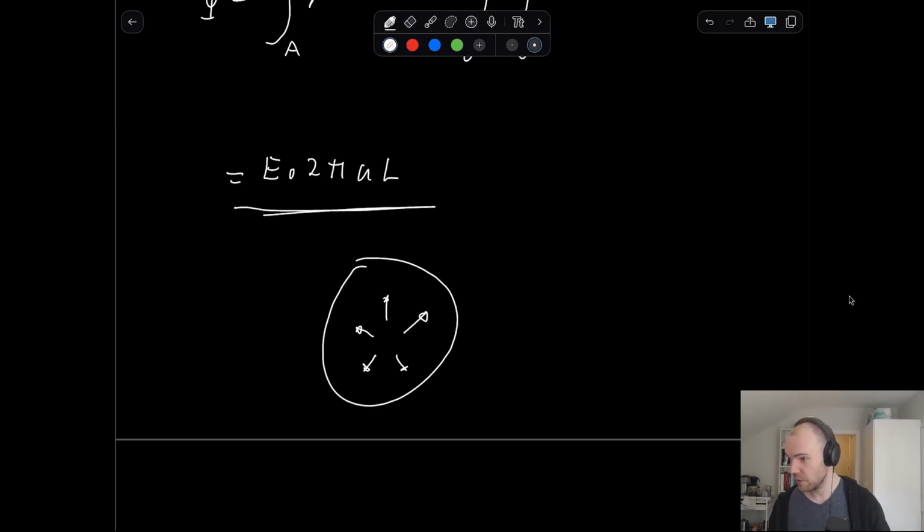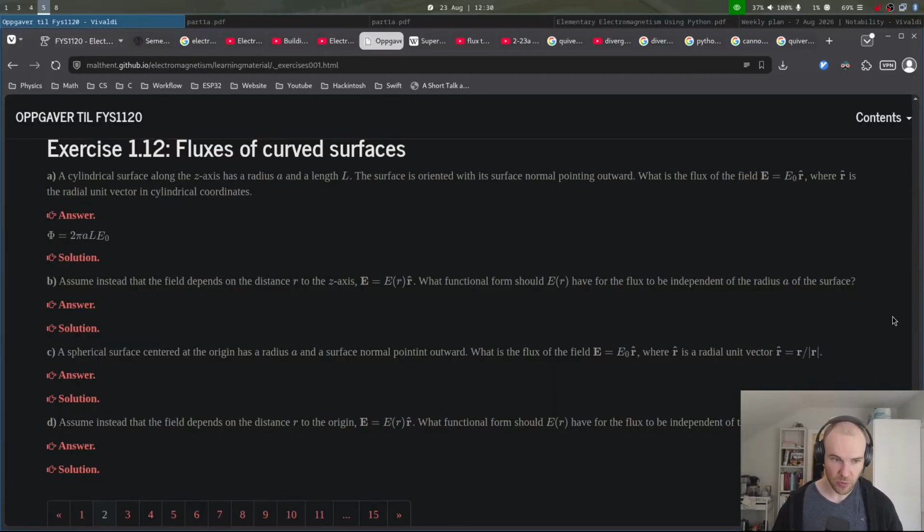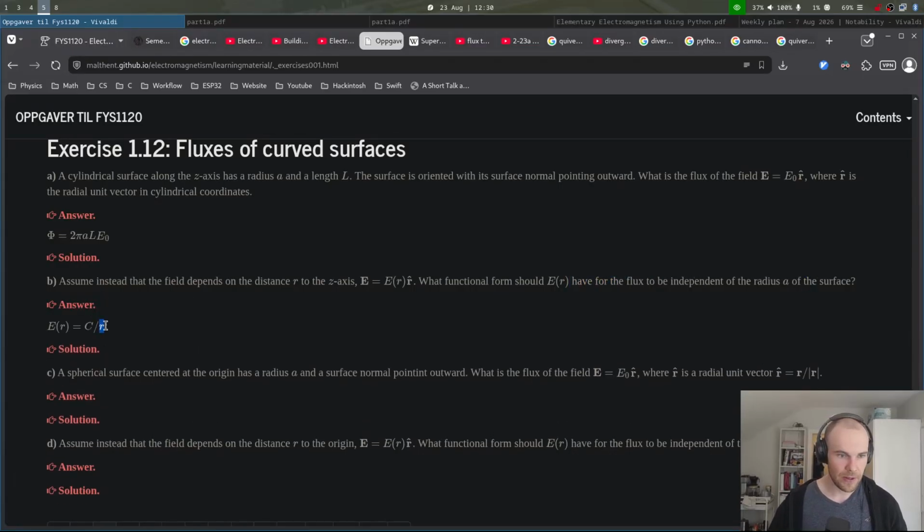So I just have to make my field some kind of 1 over r, and that's it. Yes, you can have a constant there if you want, but over r.